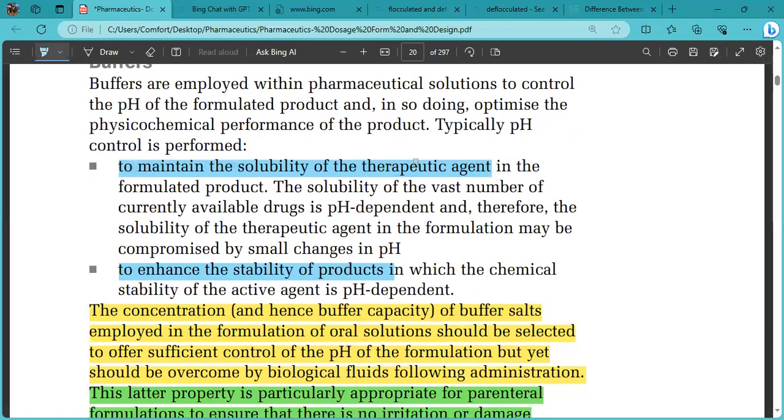For example, the buffers: the main role, just to recap really quickly, is they maintain the solubility of the therapeutic agent because some drugs are only soluble at a particular pH, and any alteration in pH could result in crystal formation or they become insoluble, and as such they lose their therapeutic potential, or it may form an entirely different product than what you intended. So in order to maintain your pH, you need a buffer.